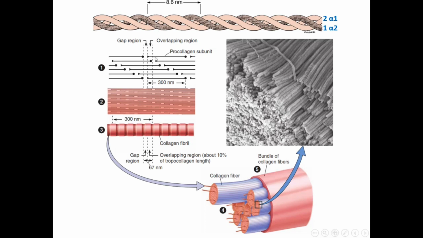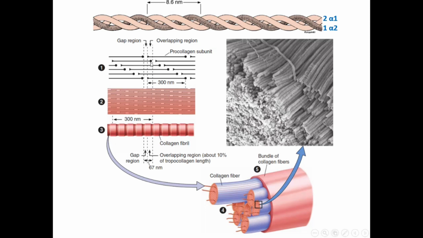After secretion, you can see the assembling of these triple helices, or collagen molecules, forming collagen fibrils. In the collagen fibrils, you can see the striation or depression on the fibrils.